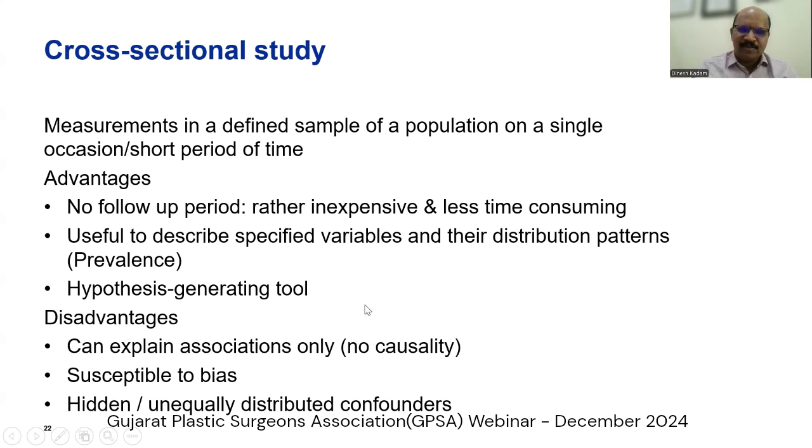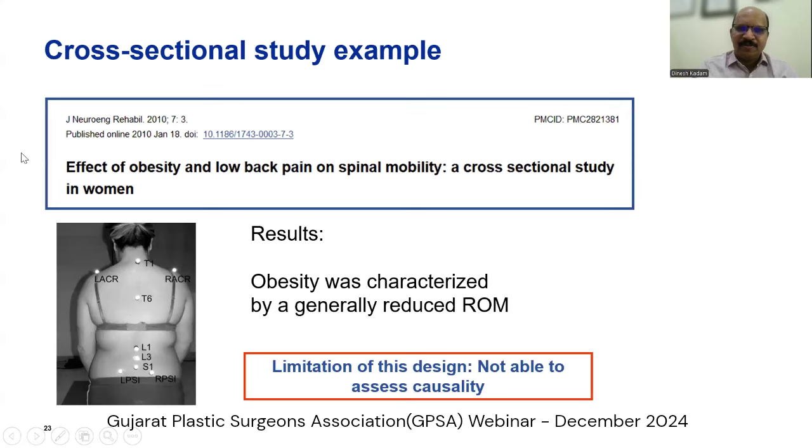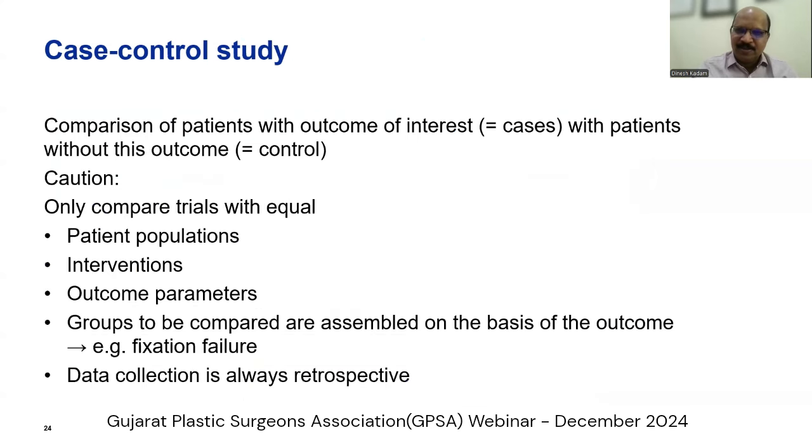There is a lot of bias, and the confounding factors could be many. So it's not very strong, but level three is okay. For example, the effect of obesity and low back pain on spinal mobility could be a cross-sectional study, or the knowledge of plastic surgery in medical students.